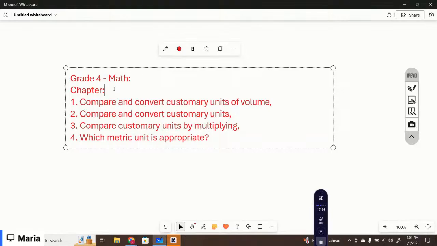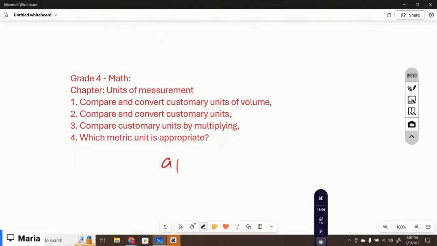We are here for grade 4 math. You can find all the lessons on ablestudents.com. You have to log in there using your email address and password as provided by the administrator.